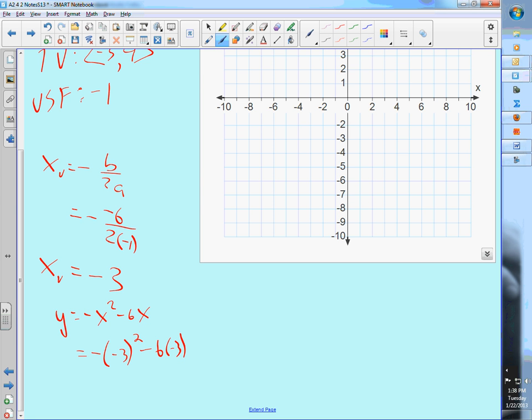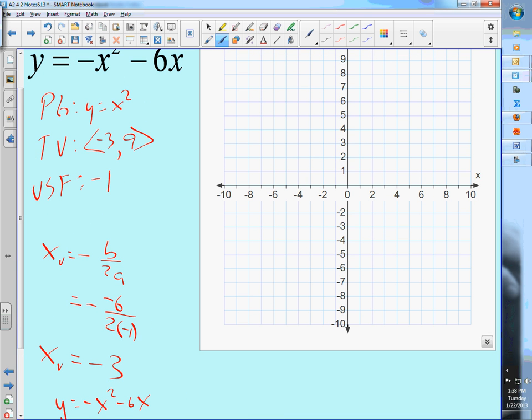Squared is a positive 9, and we want to be the opposite of 9. And then we're going to be plus 18, right? Instead of a positive 9 plus 18, which would have gotten you what you wanted. But that's a very easy mistake to make.